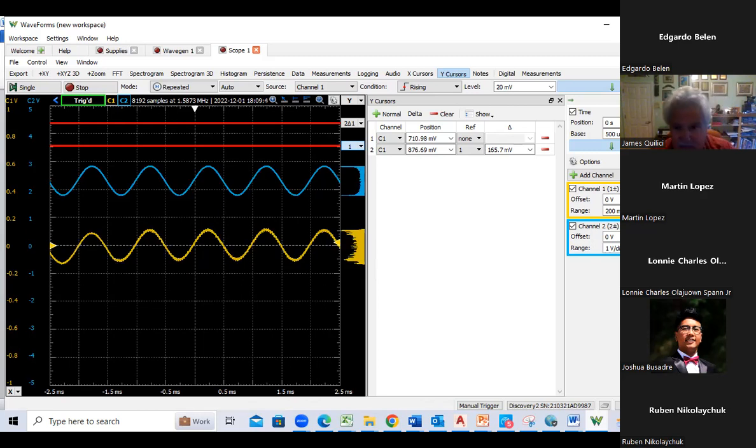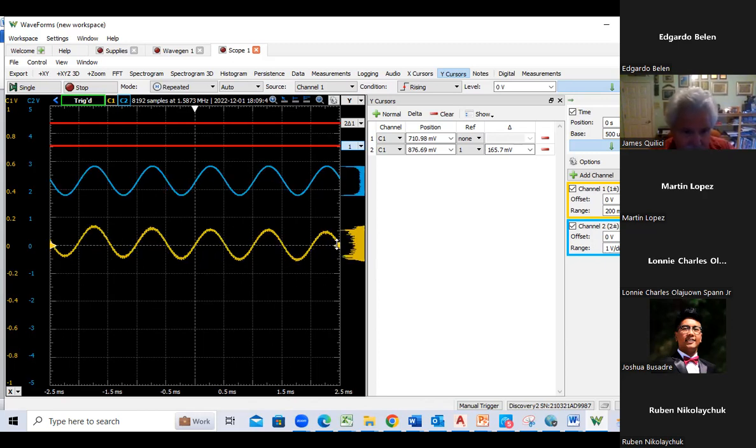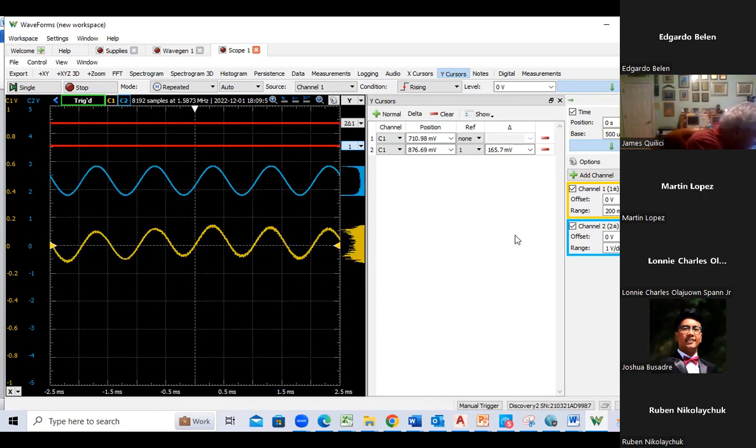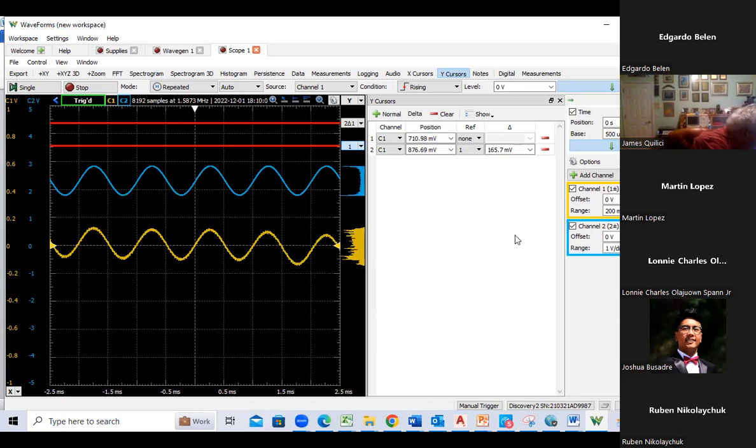I need a gain of 10 out of this circuit. So let's see if I can do that. I don't know why I've been dinking around with it trying to fix this jitter. I don't know why it's so jittery today. I tried to put capacitors. In fact, let me try that one more time. I'm going to put just a capacitor across the supply from VCC to ground and see if it does anything for me.